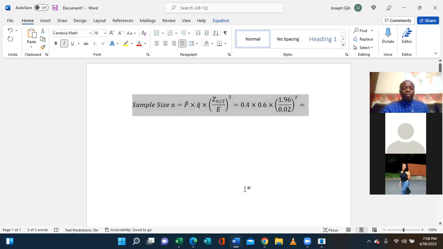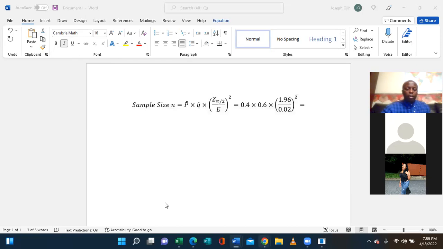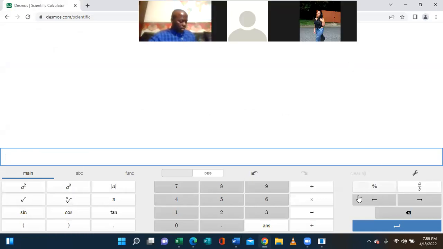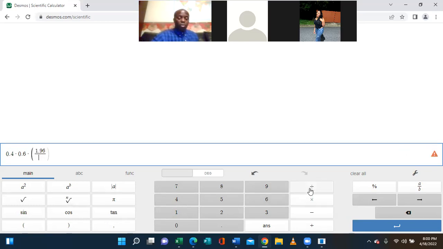Now go to the calculator and put this in. The calculator is right here. So clear this, move this up. We have 0.4 times 0.6, times 1.96 divided by the error of 0.02, squared.